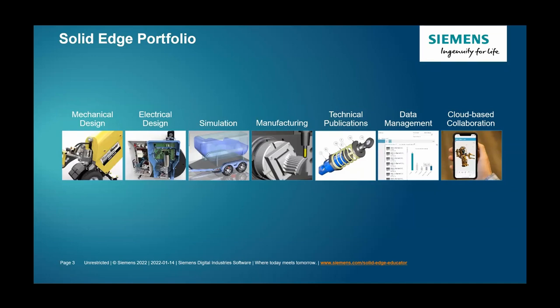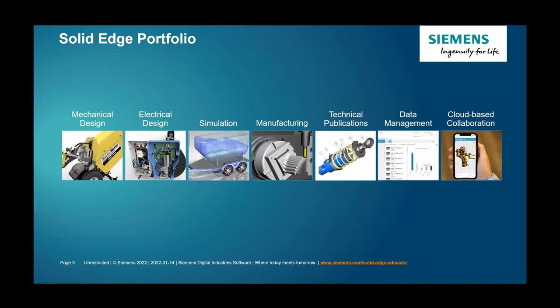So it's very important to understand that Solid Edge is so much more than just a CAD system, right? Sure, it has the best mechanical design in the marketplace, but what about the rest of the things that you need to do as a business? We have things like electrical design, simulation, manufacturing.